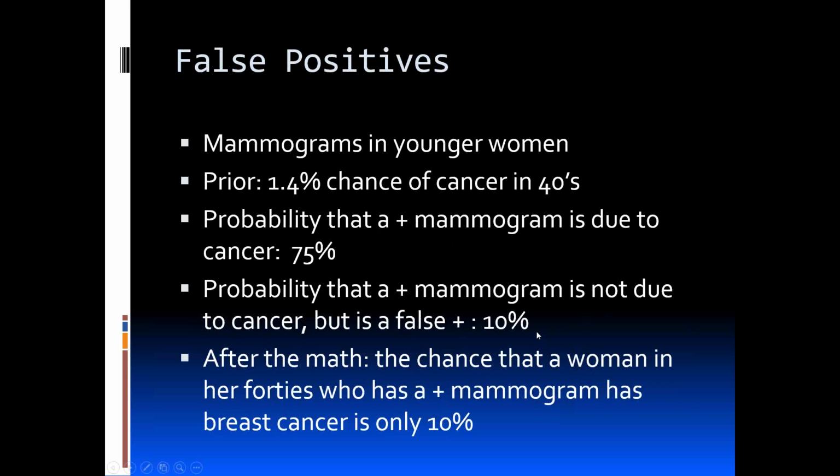And so when you plug the numbers in, the posterior probability for the chance that a woman in her 40s who has a positive mammogram actually has breast cancer is only 10%. This leads us to believe that when doing mammograms on otherwise healthy women with no history of breast cancer in the family, there's only a 10% chance that a positive mammogram is really breast cancer, which means that there's a high probability that it's a false positive.